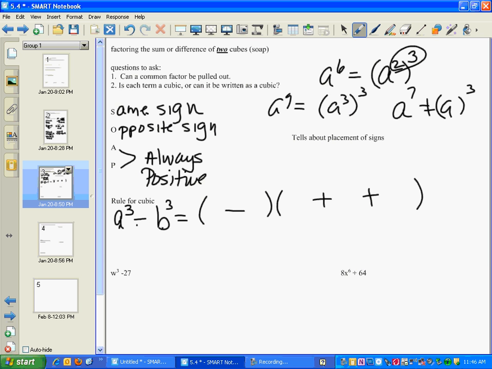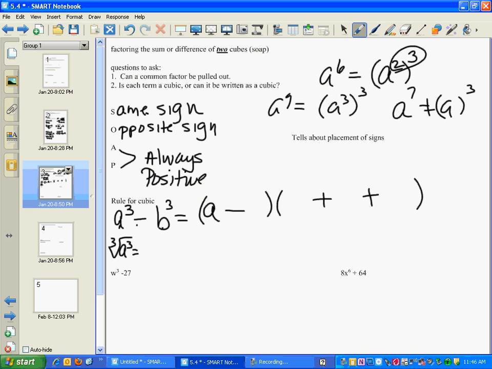All right, so we're going to take our first term. We're going to take the cube root of a cubed. What's the cube root of a cubed? Okay, that goes here. So if I asked you the cube root of 8, you'd put 2. If I said the cube root of 64, you'd tell me 4.